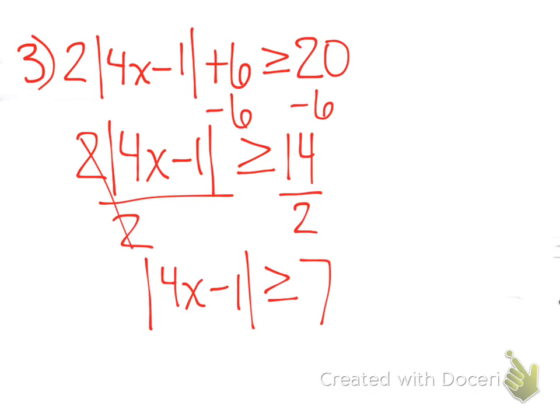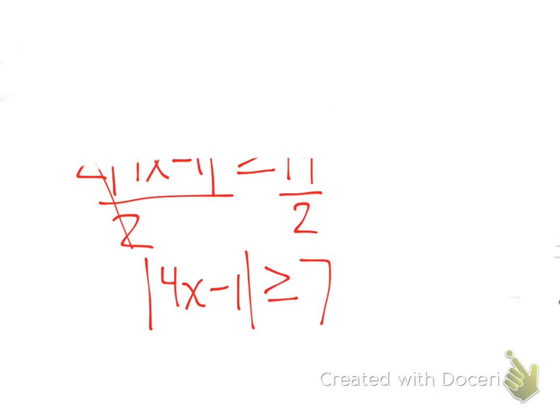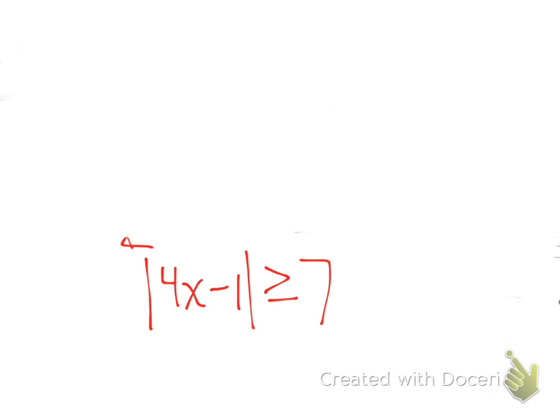Okay, so I am going to create more space for myself. We finished the first part of isolating the absolute value bars, so I will rewrite it at the top to continue solving this problem. Greater than or equal to 7.